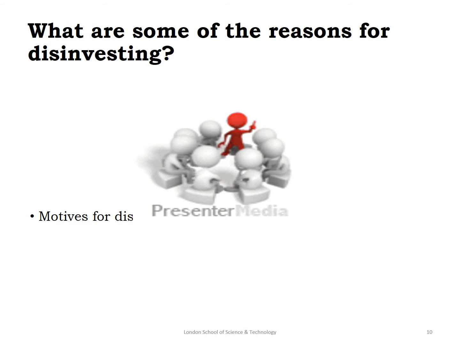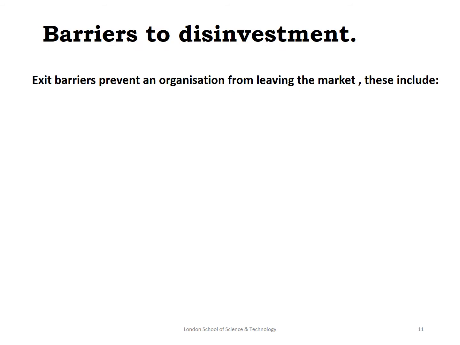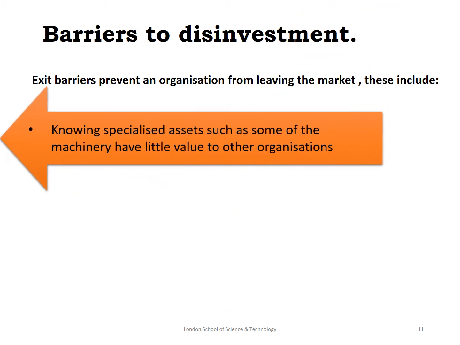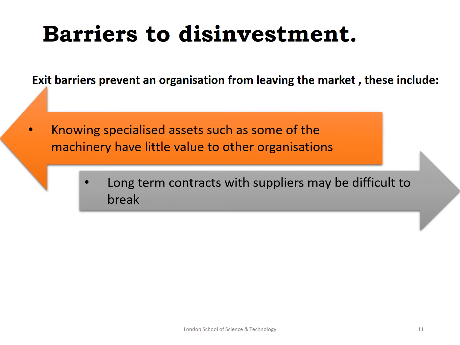So what are some of the reasons for not disinvesting? Barriers to disinvestment, which prevent a firm from wanting to leave the market, include specialized assets, such as some of the machinery, that have little value to other organizations.